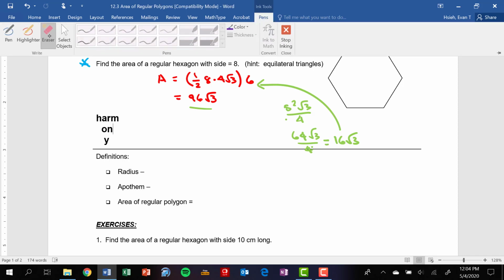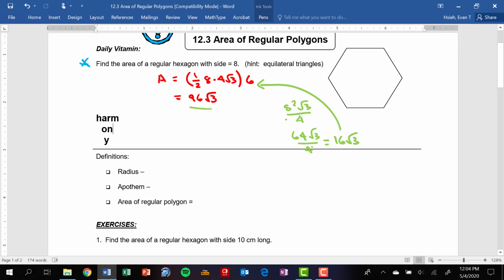If I have one of these triangles here, and let's call this side length s, and let's call this little a for apothem, I know the area is 1/2 of the side length times the apothem, and I just multiply that by the number of sides. In this case, it's going to be 6, or the number of triangles.